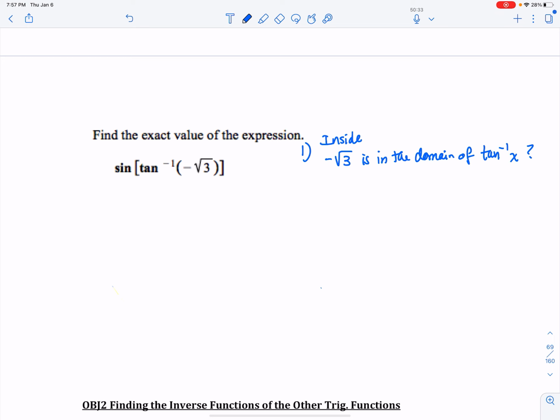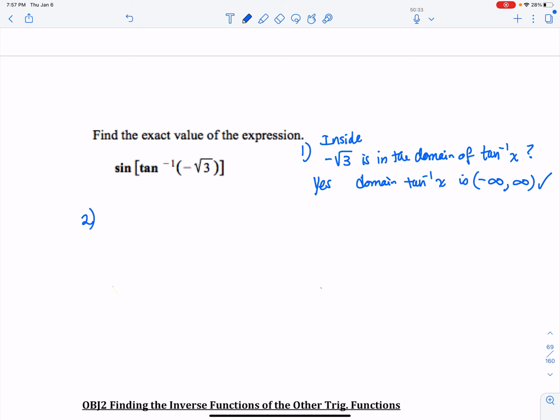And the answer is yes, because the domain of inverse tangent is -infinity to +infinity. So we're okay there, so we move on to step 2.